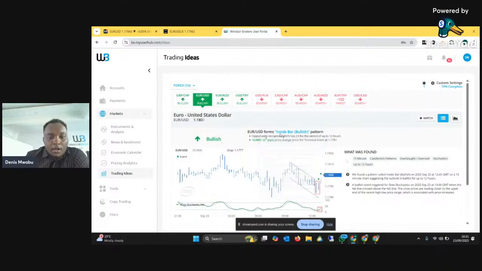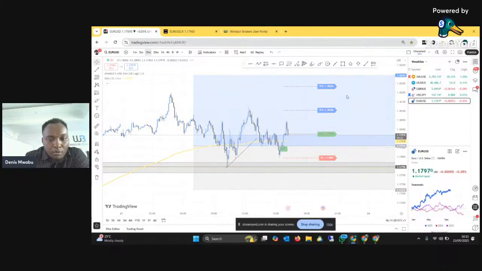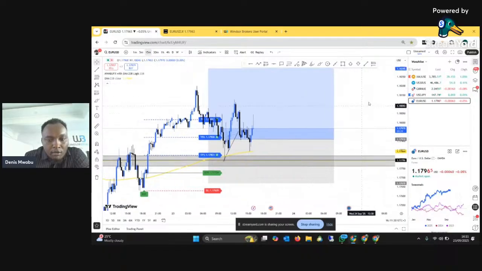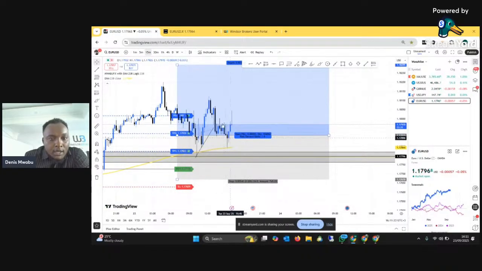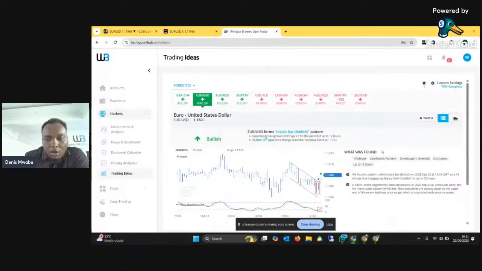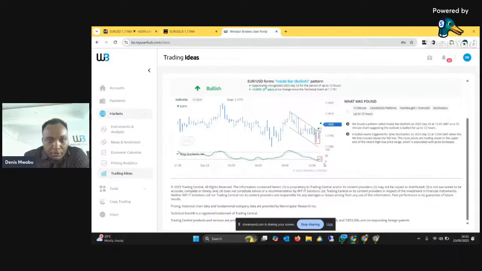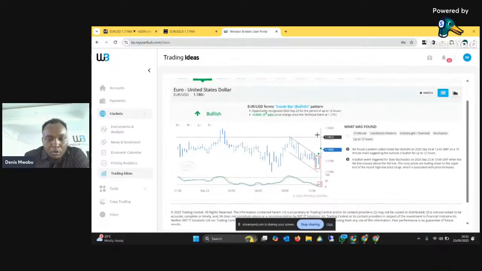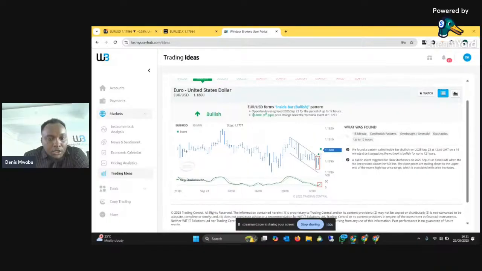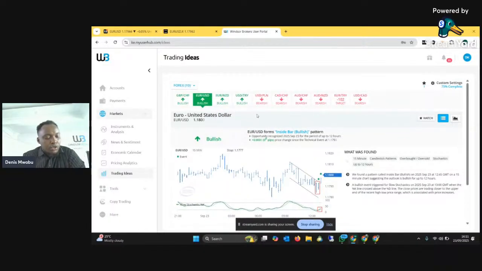After having an inside bar, it's also telling us that Euro USD is at an overbought, oversold zone, signifying that we can expect a push to the upside. All right, so this is the first tool that we are using.